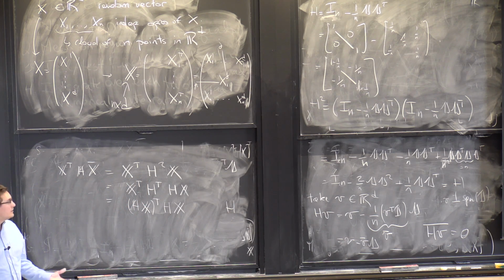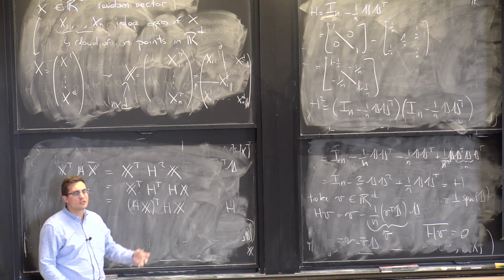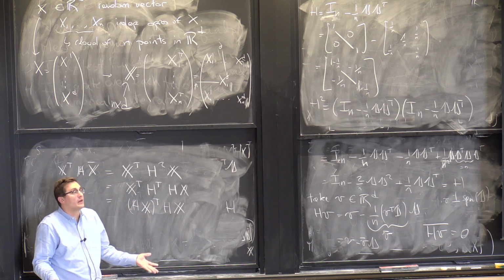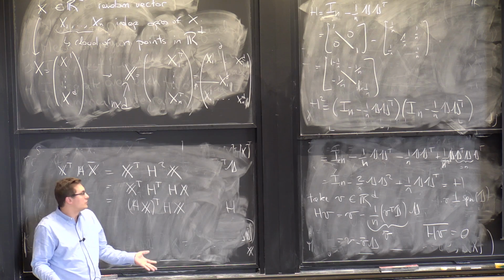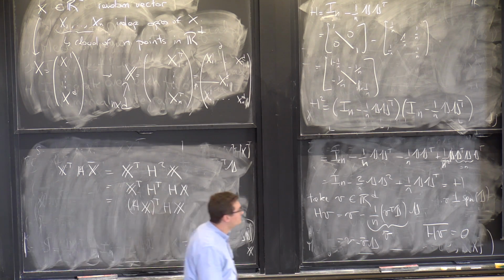OK? So what it's doing, it's first applying this projection matrix H, which removes the mean of each of your columns, and then looks at the inner products between those guys, right? Each entry of this is just the covariance between those centered things. That's all it's doing. All right.